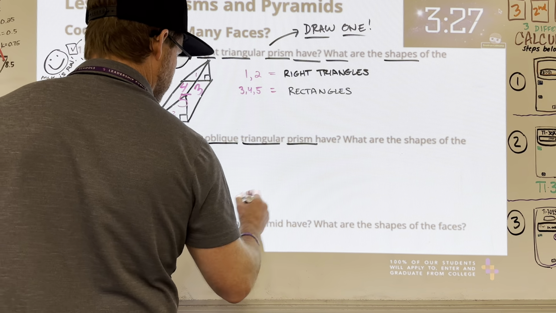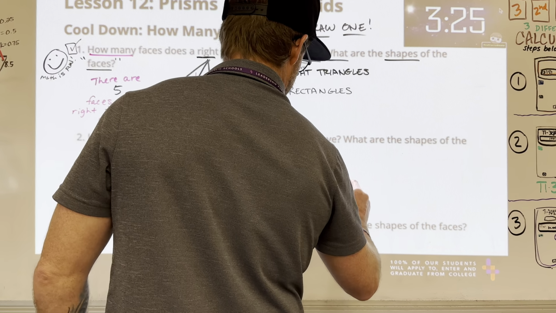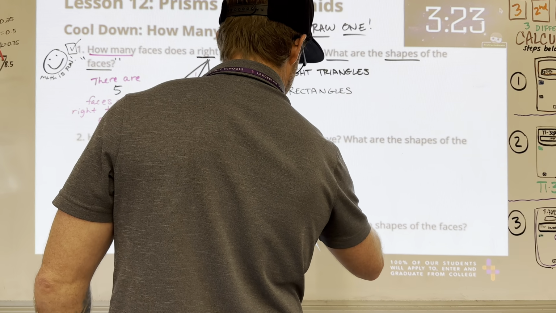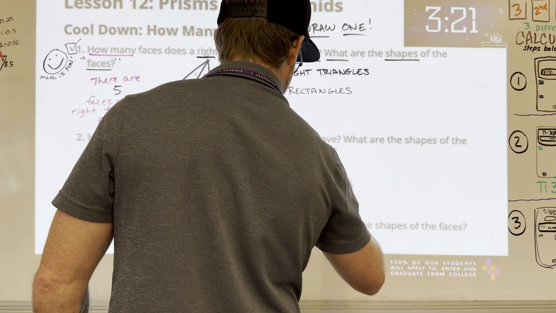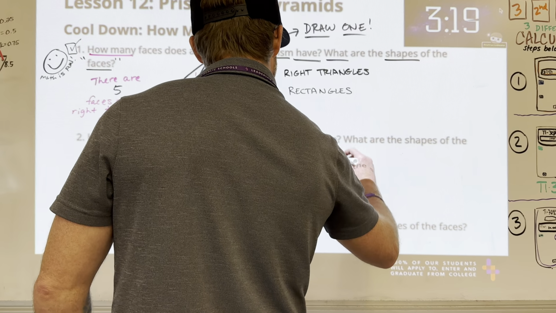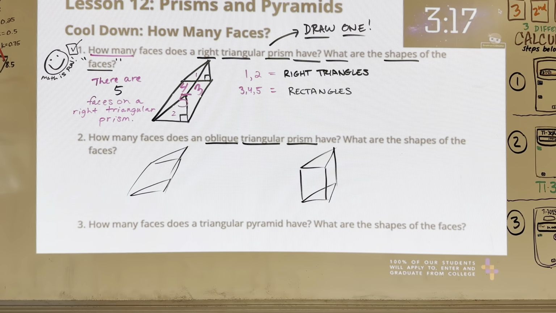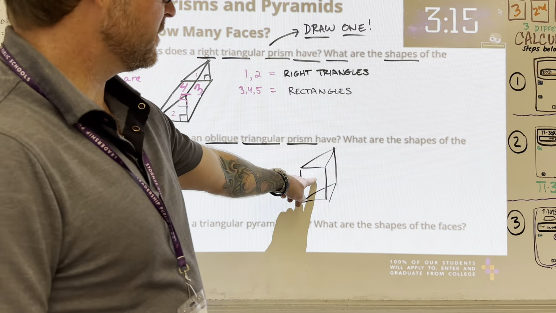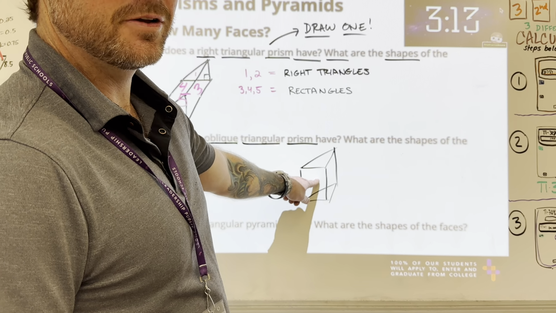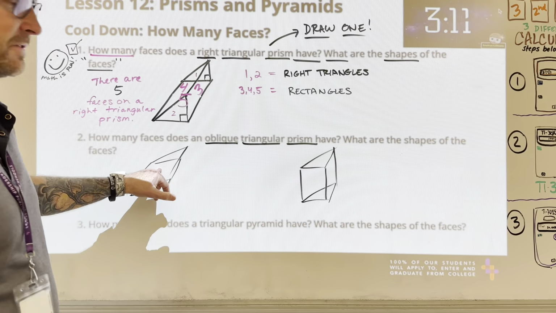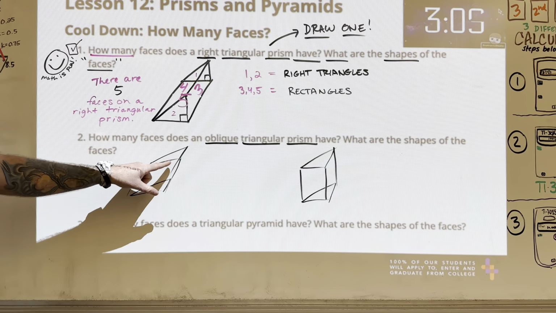It's not straight up and down, basically. So there's a regular or an upright triangular prism. That one is oblique. So the faces make angles with the bases.